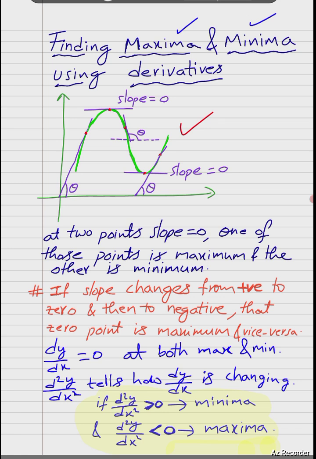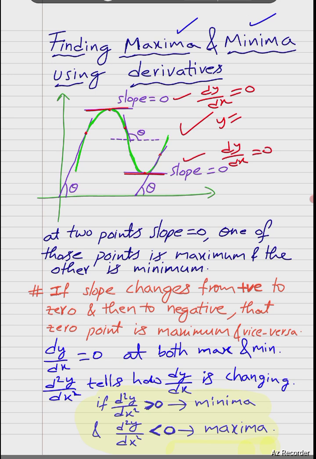So how to find that? Here our problem is what? At the maximum point and the minimum point, in both cases the slope is 0. That means if you find dy by dx here, it gives you 0. Here also if you find dy by dx, that gives you 0 only. Then how to confirm this is the maximum value and this is the minimum value in a given equation?